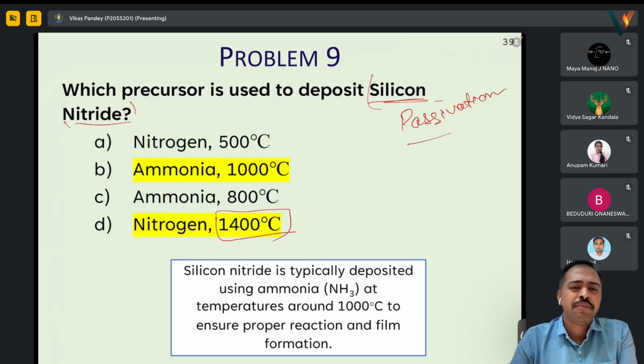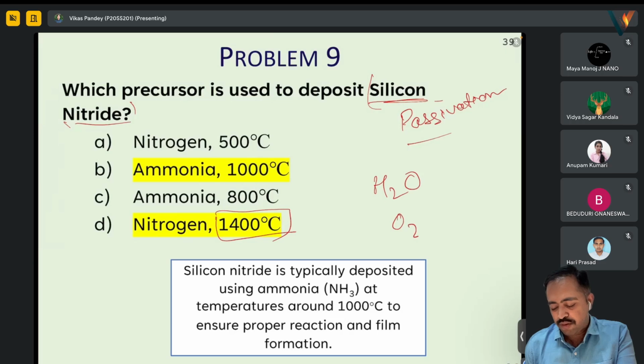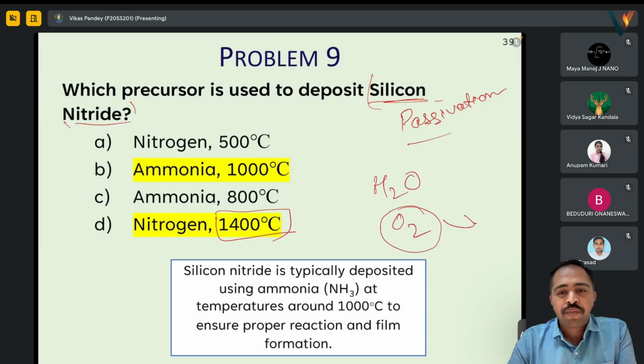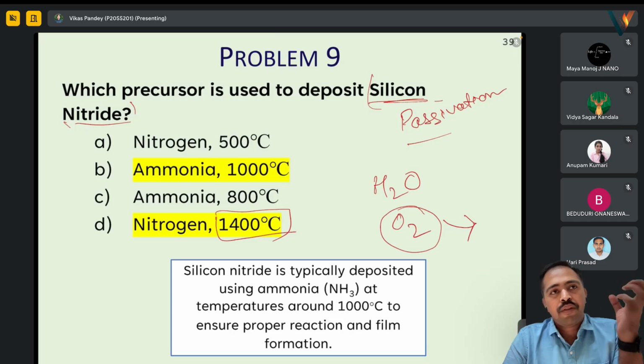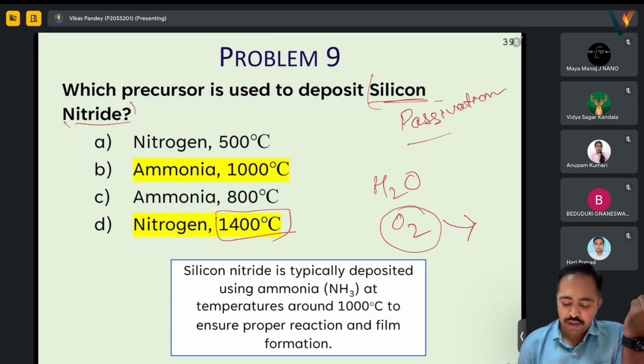It is very similar to what we are saying about H2O and O2. If we are directly using O2, we are doing it at a slower rate. If we are using H2O, it is at a higher rate.